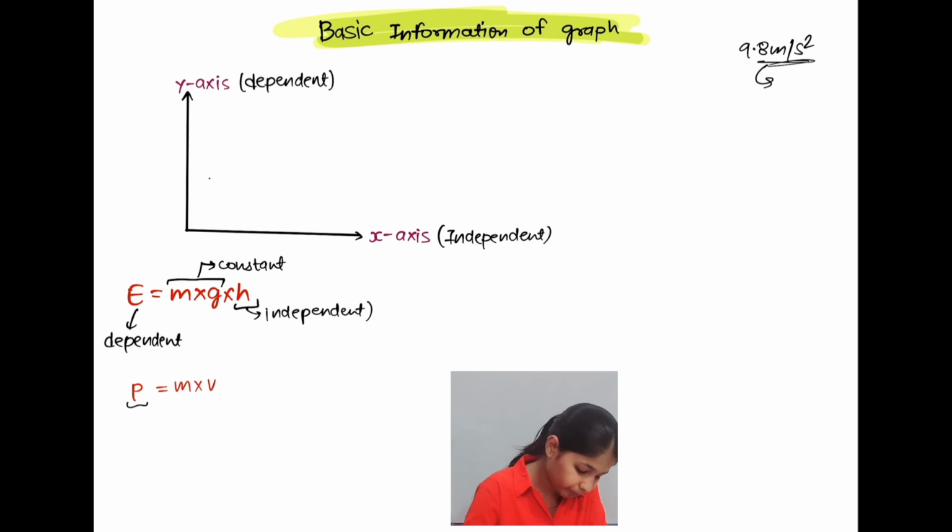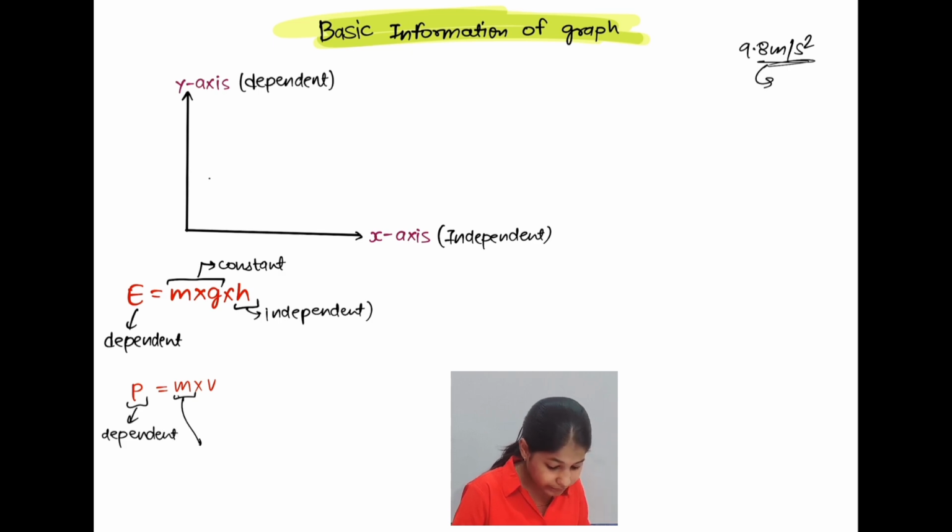Then again, can I say this p is a dependent value? Yes, because it is the magnitude of mass into velocity. And mass will not change. Mass doesn't change. So is it constant? Yes.